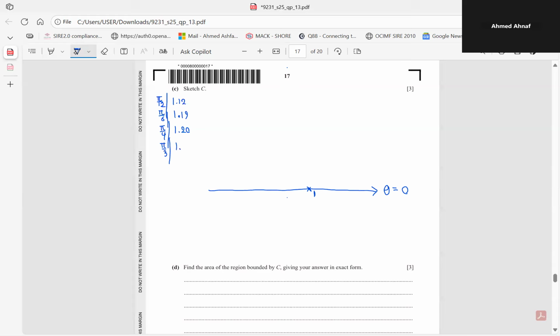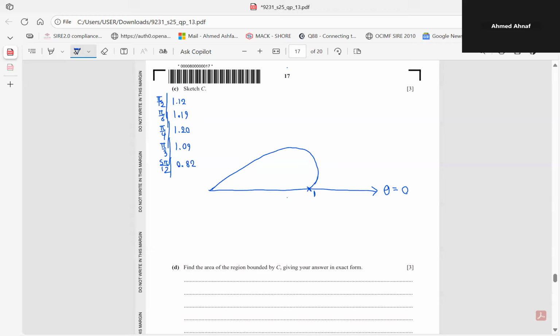That's a steep increase. And then finally for 5π/12, we get 0.82. And then for π/2, we'll get 0. So it's a gradual increase and then it suddenly decreases. So it's like this and then like that. This is for the first part of the curve.